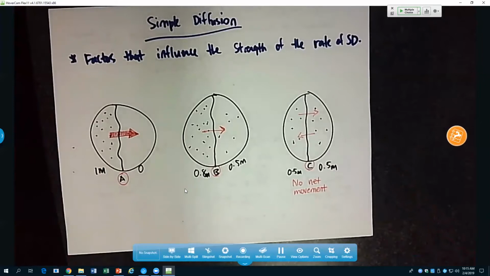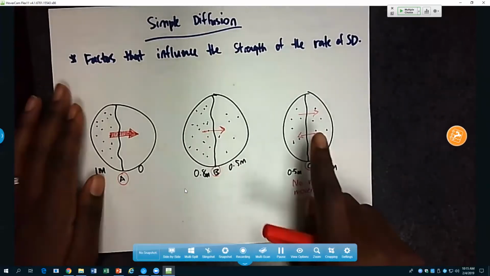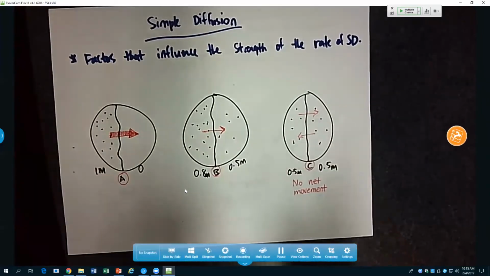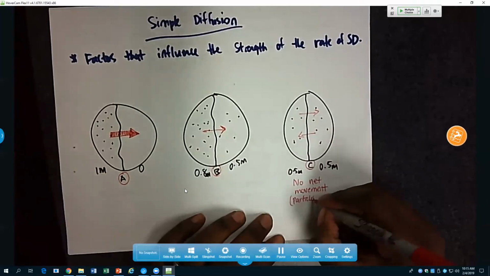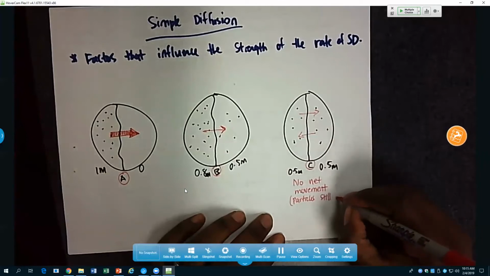They will continue to move freely, right? Remember that diffusional equilibrium that we spoke about, but there will be no accumulation of particles in excess on either side. And although we have free movement, so I'll put here, particles still moving.